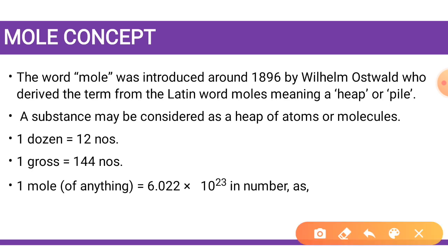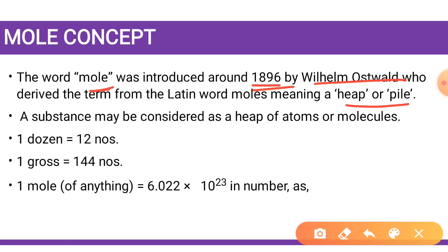First of all, students, the word mole was introduced around 1896 by William Ostwald. This term mole, which has a Latin origin, means heap or pile. Now we can consider that a substance may consist of a heap of atoms or molecules which combine together to form it.